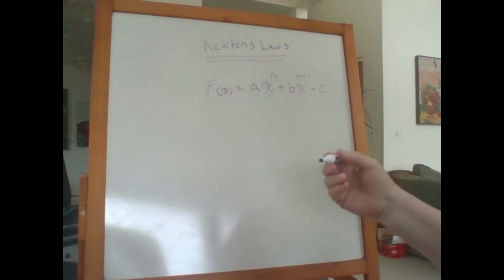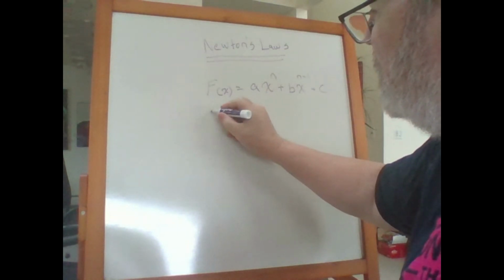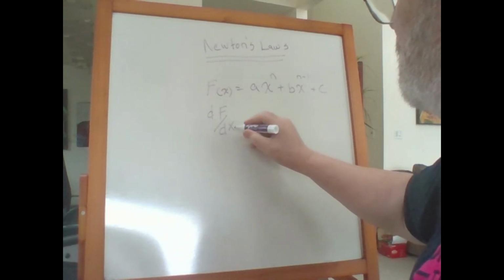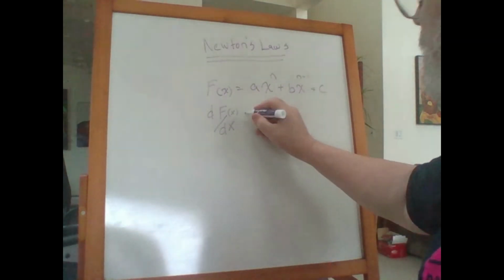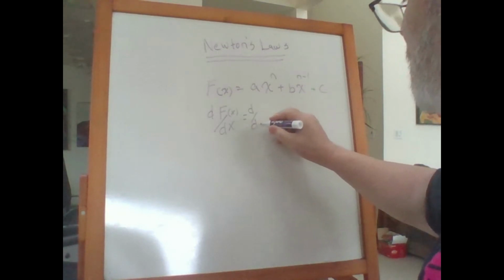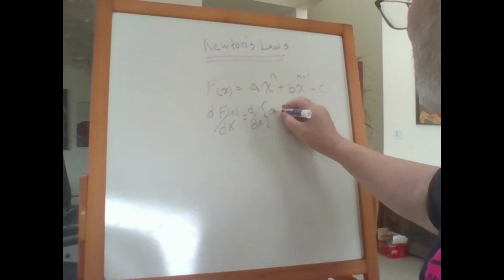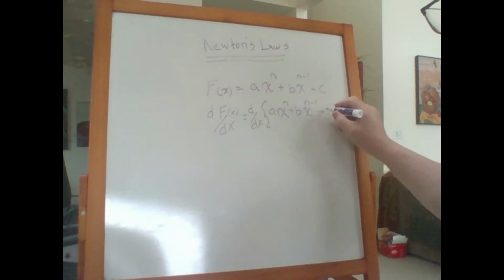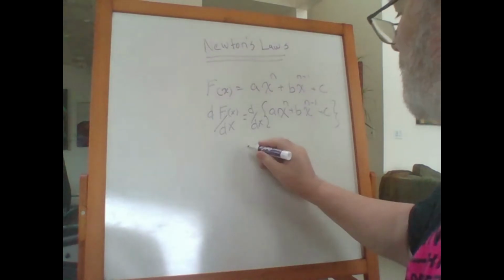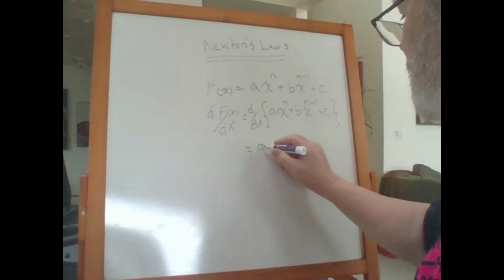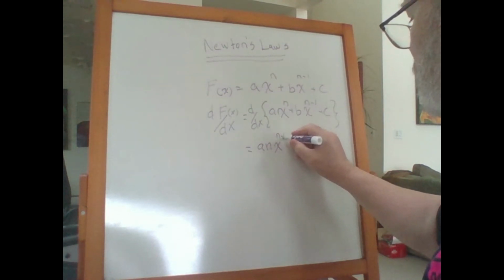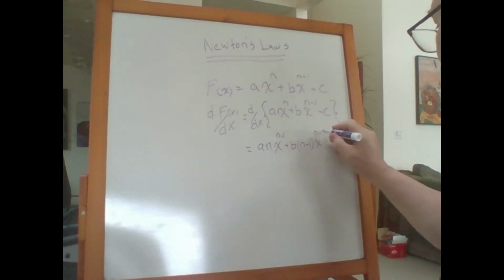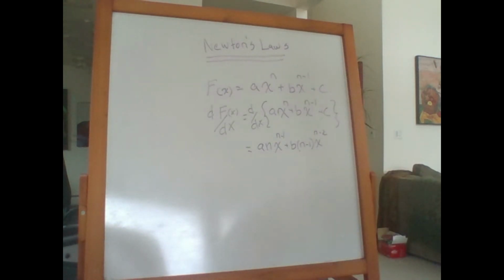The derivative df/dx is equal to d/dx of a x to the n plus b x to the n minus 1 plus c, and that's going to be equal to a n x to the n minus 1 plus b (n minus 1) x to the n minus 2, and the derivative of a constant is 0.